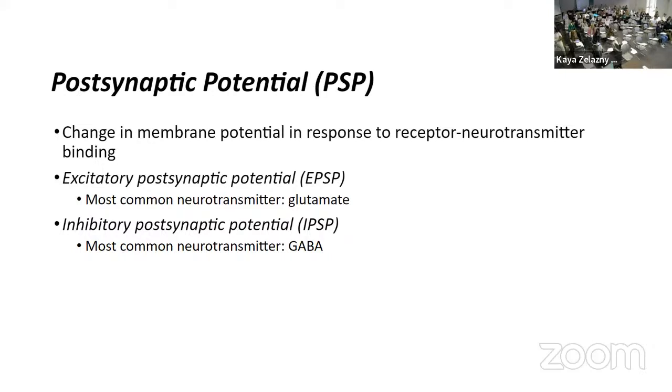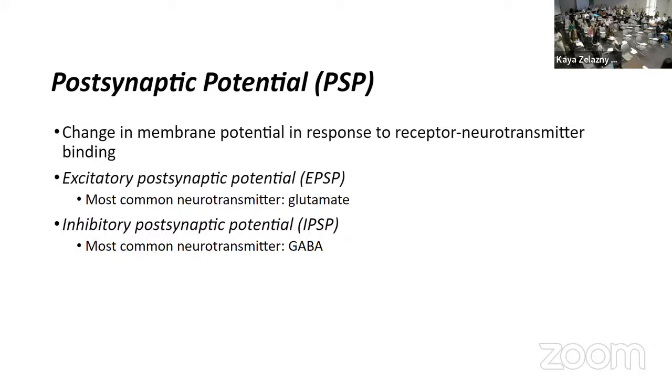So for excitatory postsynaptic potentials, the most common neurotransmitter to get us to fire more action potentials more often is something called glutamate. So glutamate is a neurotransmitter, usually excitatory.